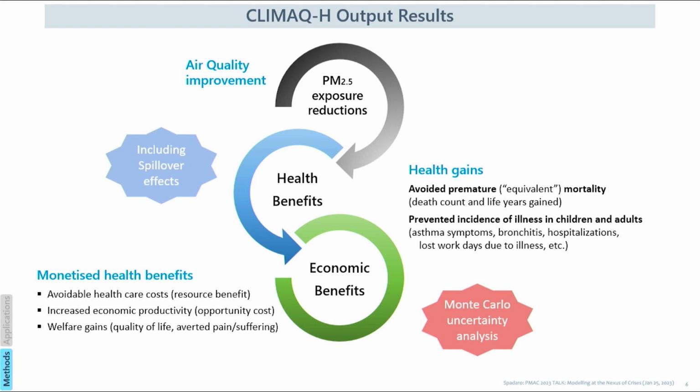A synthesis of the health gains, including postponed premature deaths and cumulative gains in life expectancy across the population, and preventable morbidity outcomes such as childhood and adult diseases and hospital admissions, among others.